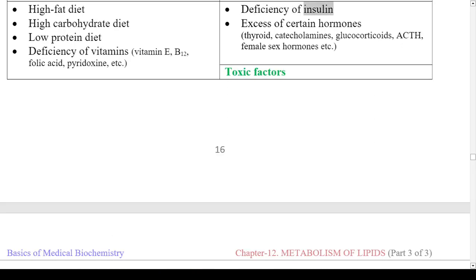Endocrine factors: deficiency of insulin, excess of certain hormones: thyroid, catecholamines, glucocorticoids, ACTH, female sex hormones, etc.